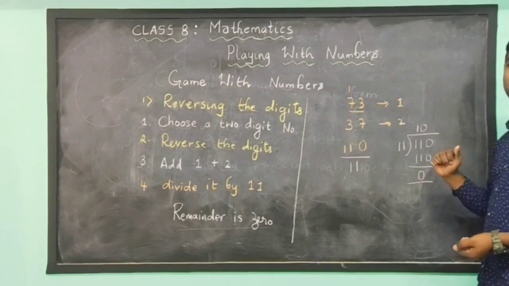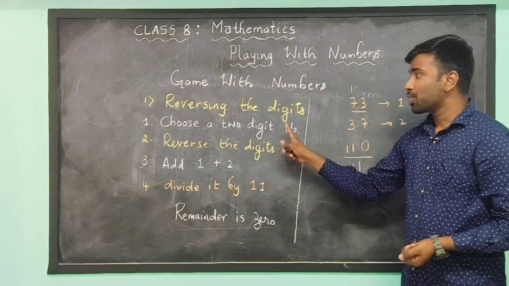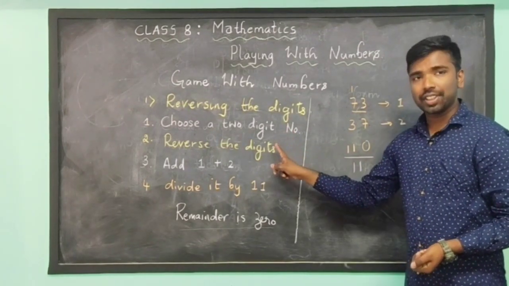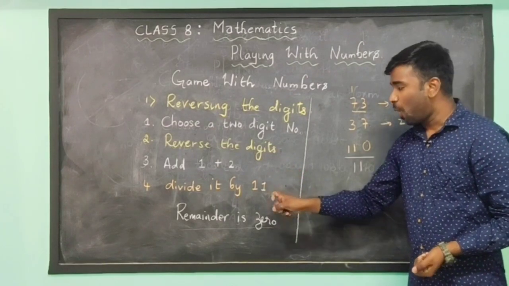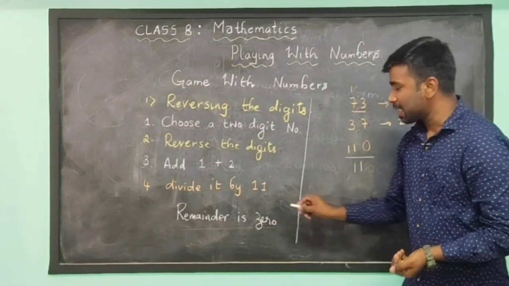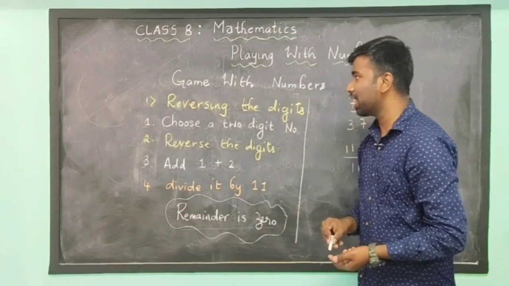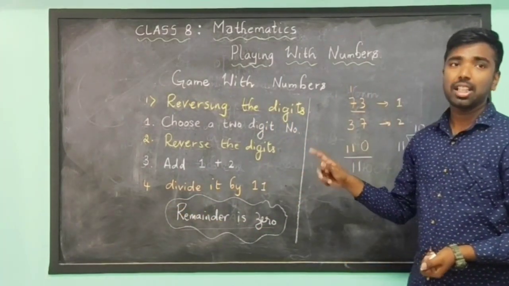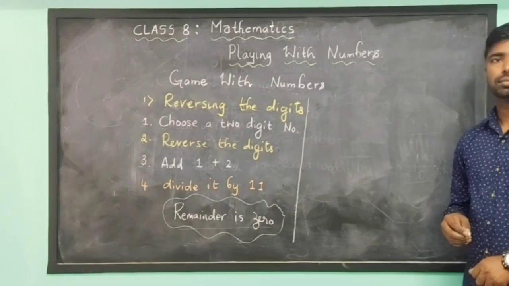This is the trick you have learnt. Choose a two-digit number, reverse the digits, add those numbers and divide by 11. Always the remainder is 0. This is the first trick you have learnt with reversing a two-digit number.